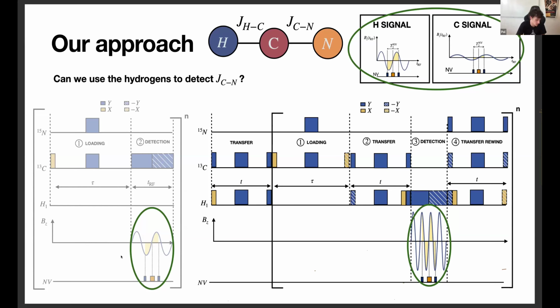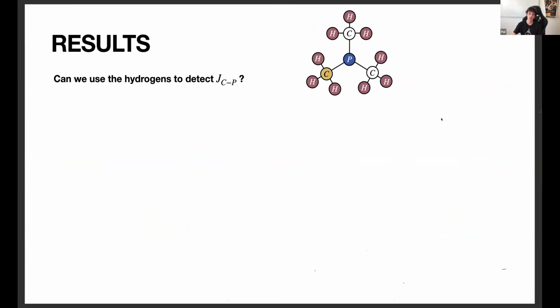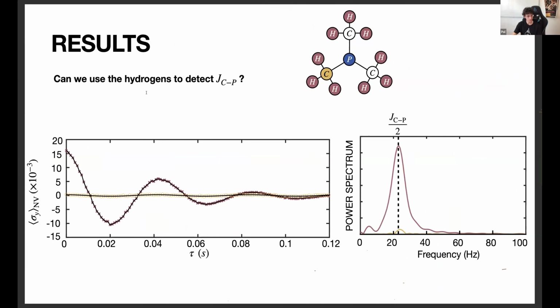And to check if that was correct or not, we simulated a more complicated molecule. So notice that this molecule has a lot of hydrogens. And let's check if this works when I want to measure the coupling between the carbon and the phosphorus in this case. So the results are this.